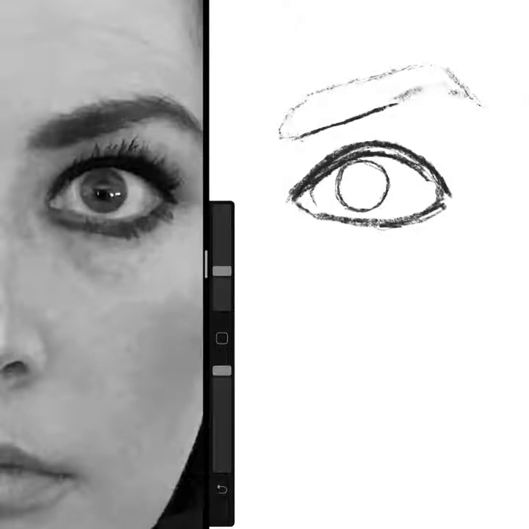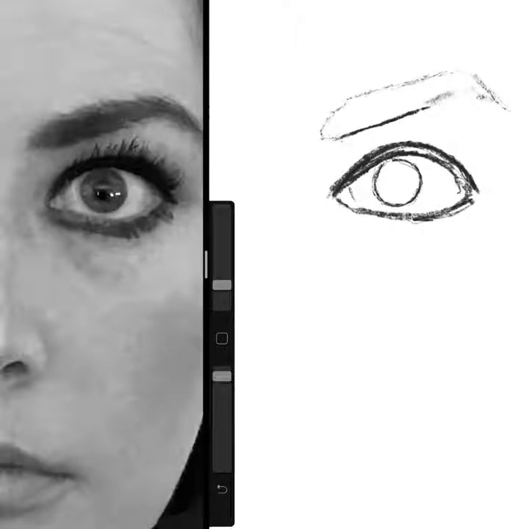So for me, I'm seeing this, and in relationship to the curve of my eye, this needs to be a little bit curvier. So that's one eye, the outline of the iris on one eye.